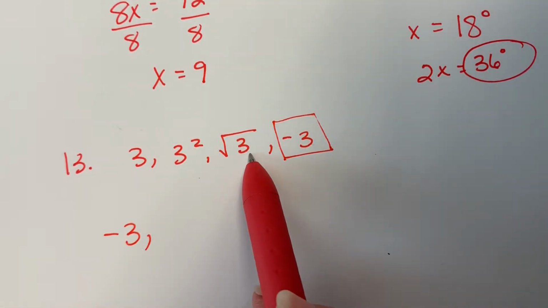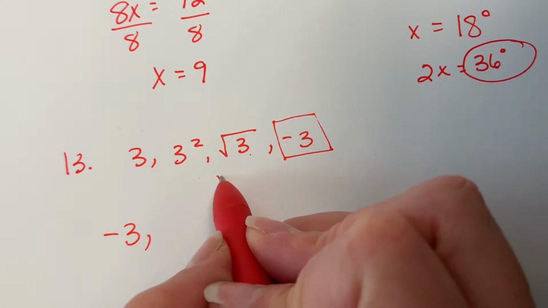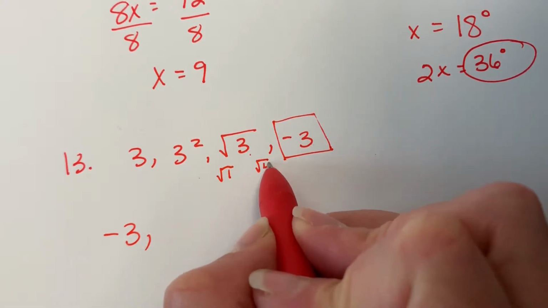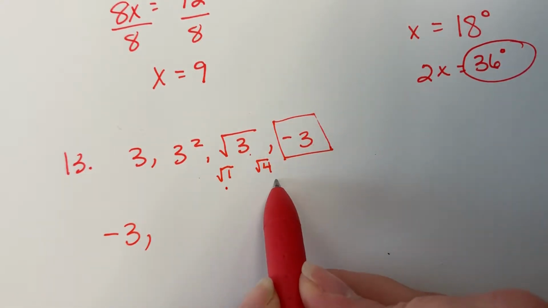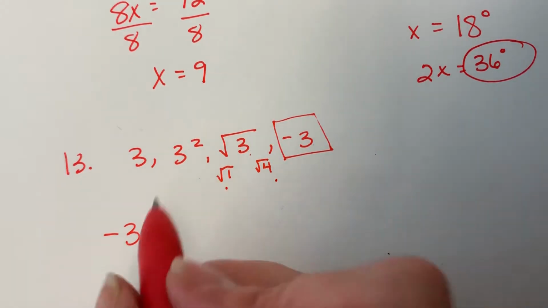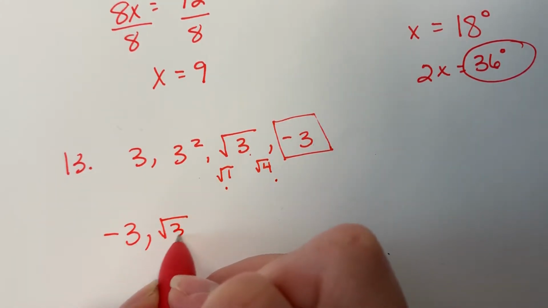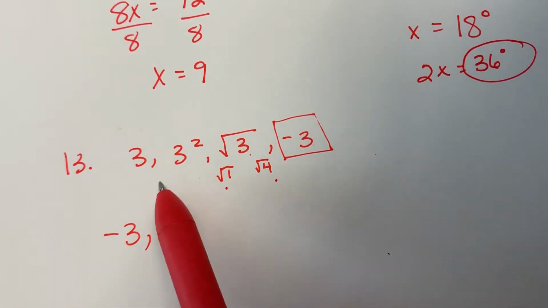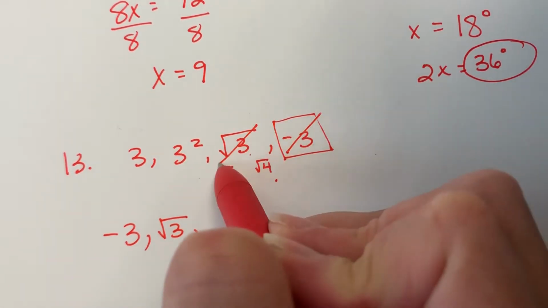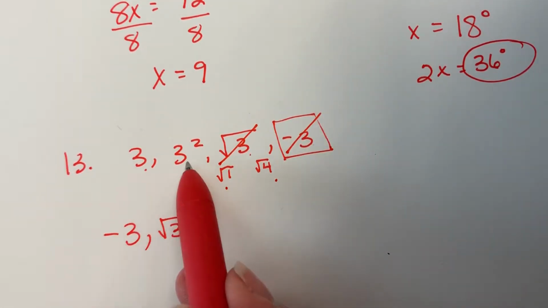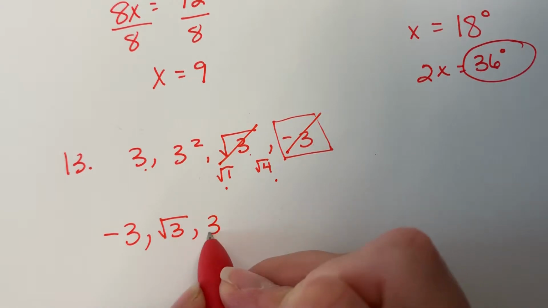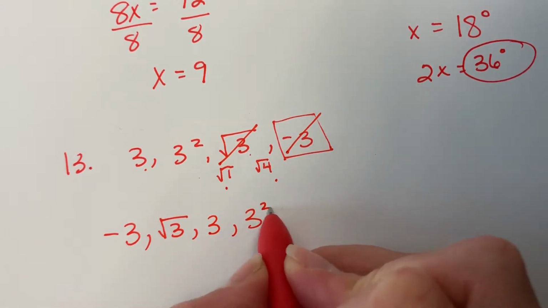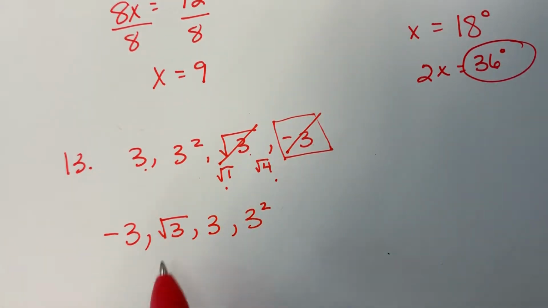The square root of 3 falls between the square root of 1 and the square root of 4. This is 1 and this is 2, so that's going to be the next one. And then we have, so we've done this one and we've done this one. 3 is smaller than 9, so we're going to put that one next, and then 3 squared will be last.